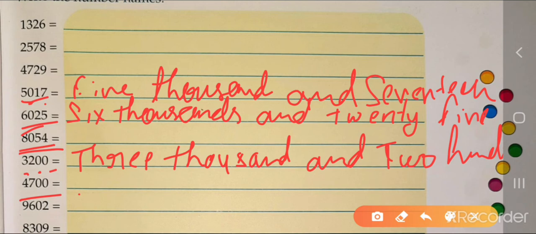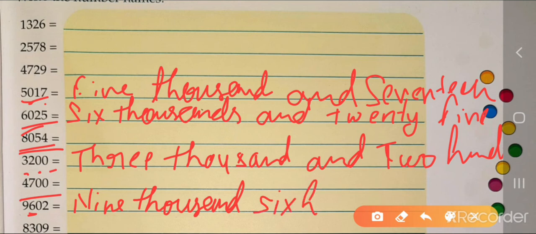This number is somewhat different from all of these, and it will be in this way: 9,000, 6. 6 is on the hundreds place, so write 600. There is nothing on the tens place, there is 0, and we will not identify the 0 in the number name, so write 2.